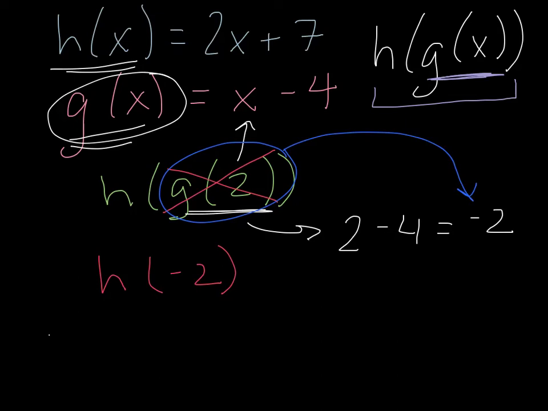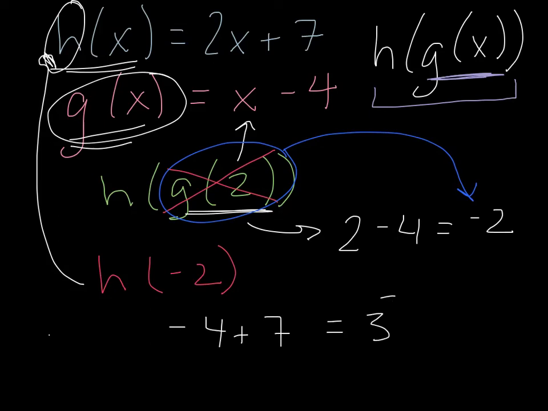We plug that into this first equation because it's with the h. So we have negative 4 plus 7, which is equal to 3.